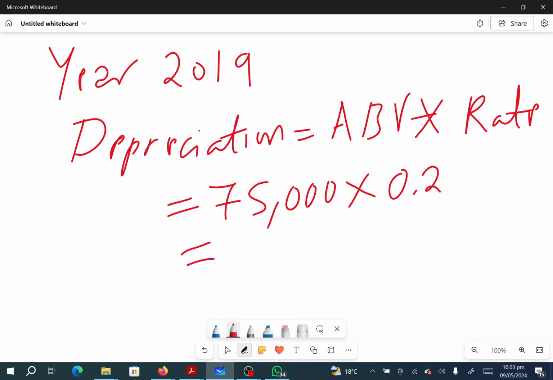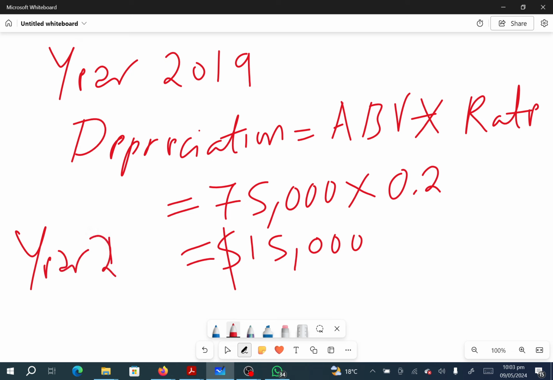Our depreciation is coming to $15,000 as of year 2019.